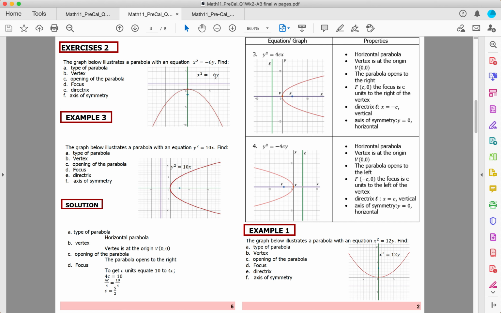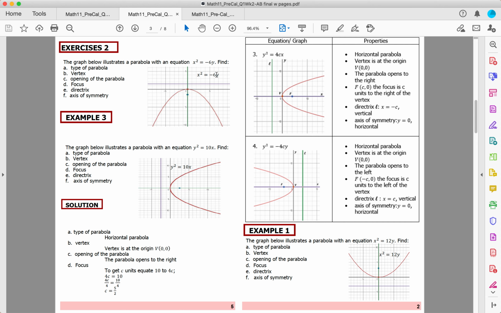So negative 6 is equal to 4c. So divide negative 6 and 4. Negative 6 divided by 4, right? Because 4c is negative 6.